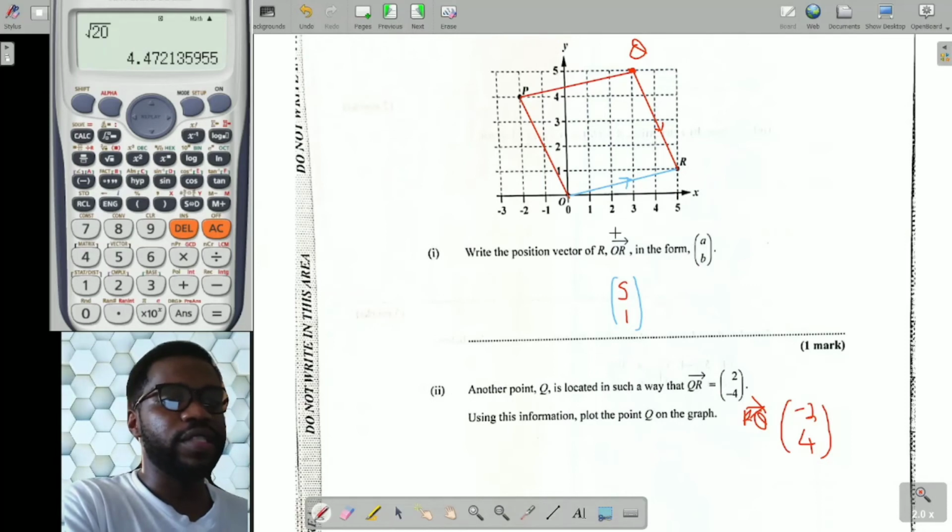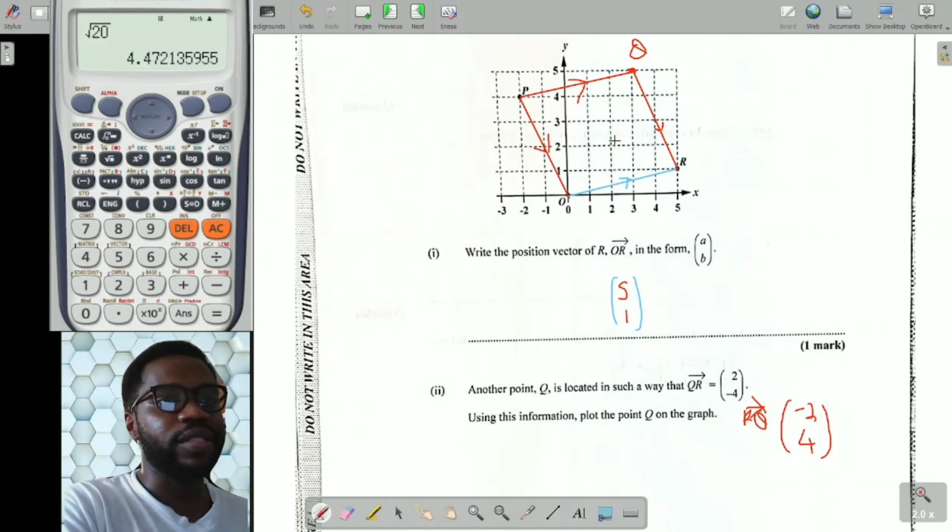Alright, good. Now if this is a parallelogram, then opposite sides are equal and opposite sides are parallel. So I can go right ahead to show that the opposite sides are parallel. Now the sides that are opposite are QR and PO, depending on how you want to look at it. So QR and PO.